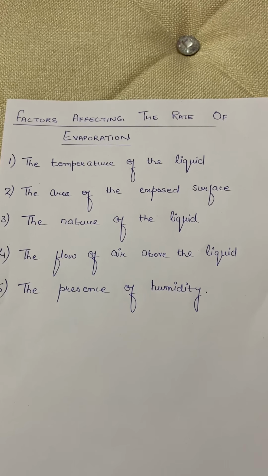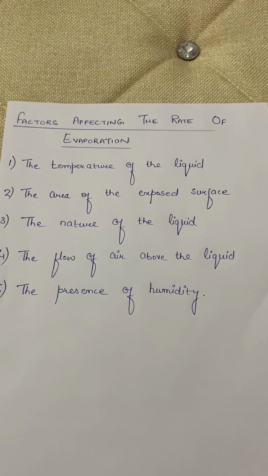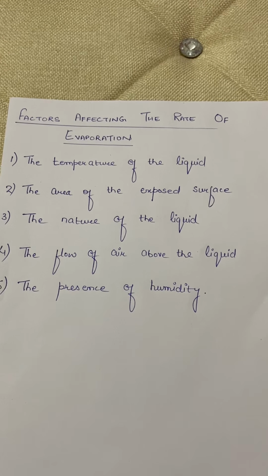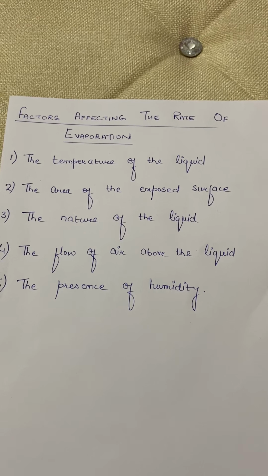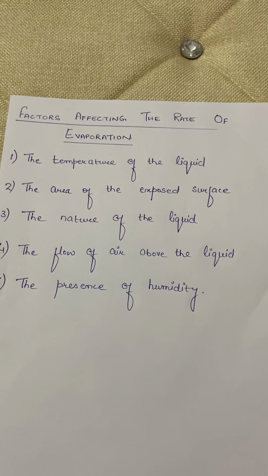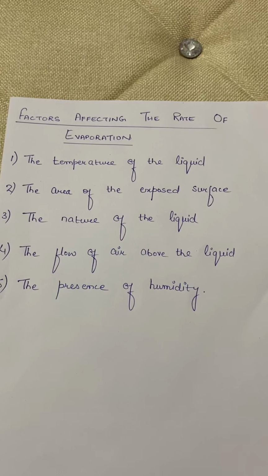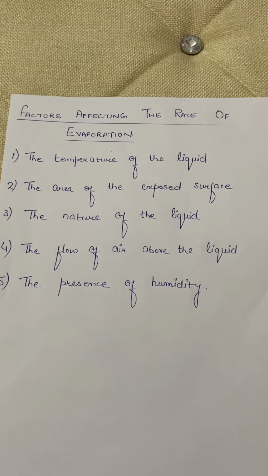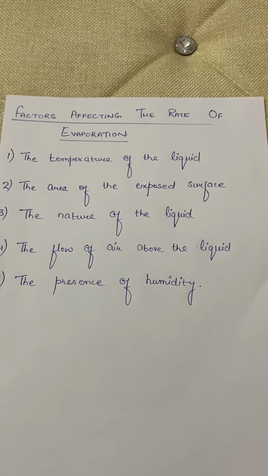Second, the area of the exposed surface. A cloth dries up faster if it is spread out than if it is folded up. Because when we spread a piece of cloth, we are increasing the exposed surface.